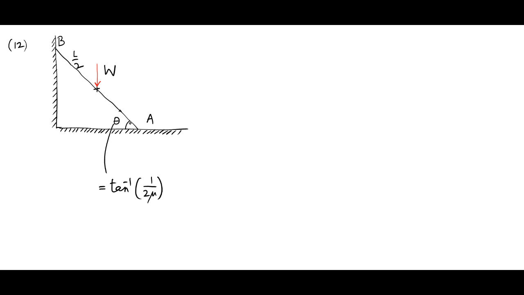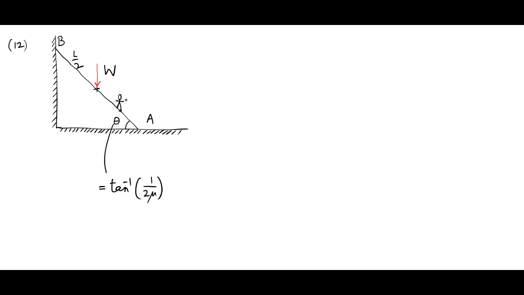So let's assume that finally the comfortable static equilibrium of the system changes into limiting static equilibrium. That is, the ladder is on the verge of slipping when the man is, let's say, at this point, somewhere over here.